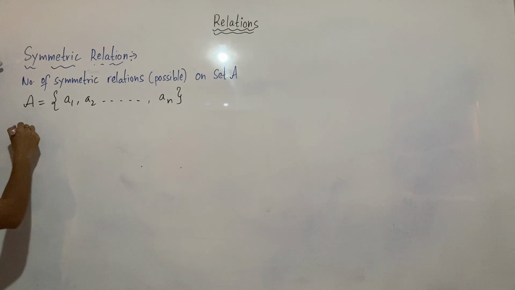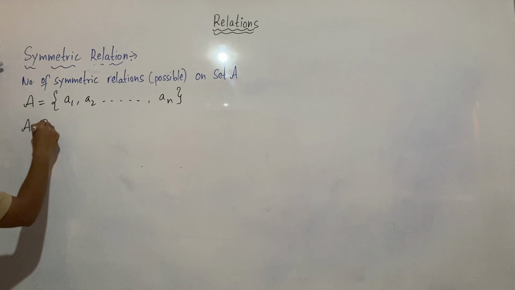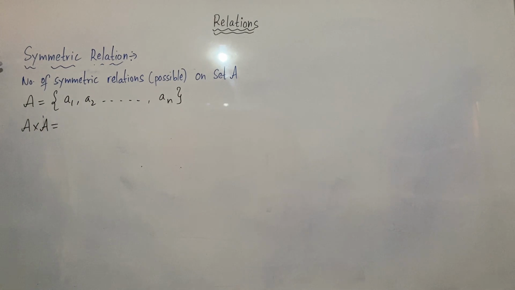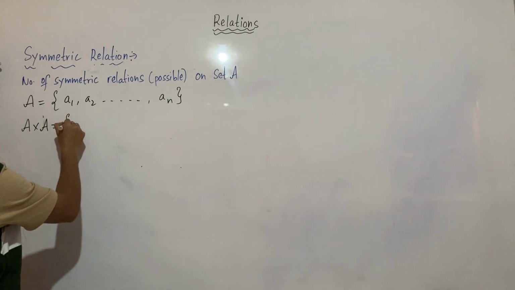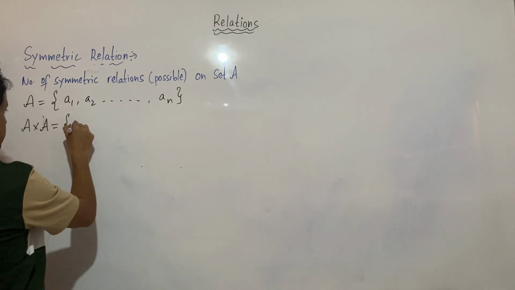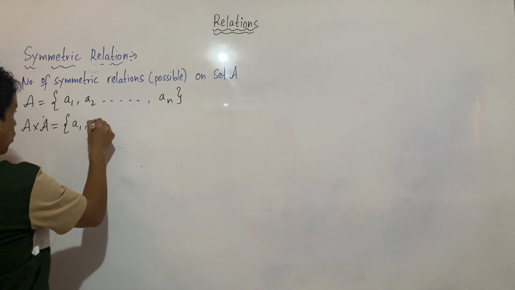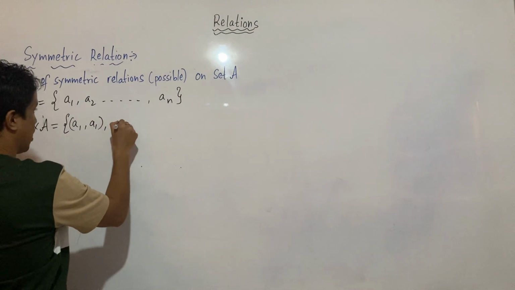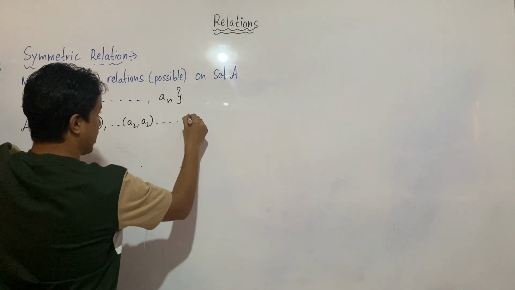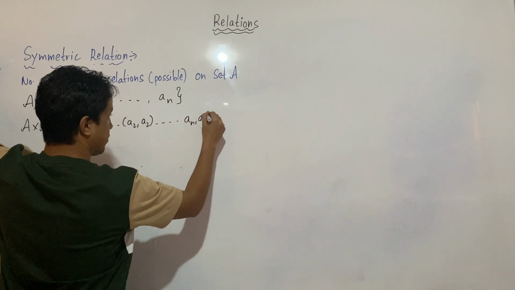So here, if I take the Cartesian product A cross A, it will look something like this. Here it will be A1, A1, then A2, A2, up to AN, AN, right?